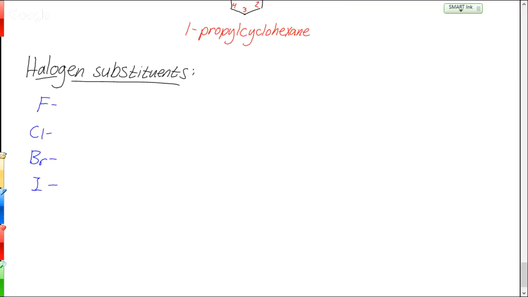Their names are pretty simple. We just put an O at the end instead of the suffix. So this is fluoro, chloro, bromo, and iodo. And all the other rules apply to those the same way too.